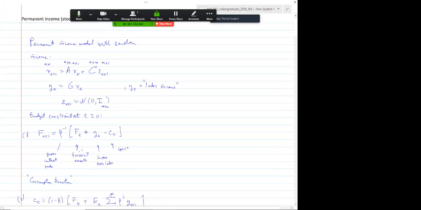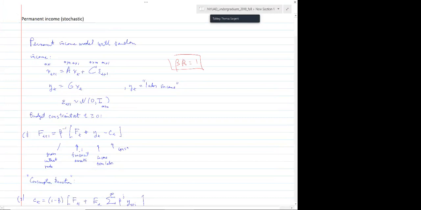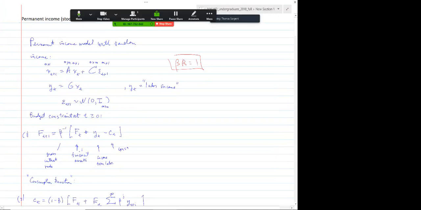Throughout, we're going to set beta R equal to 1. We're going to maintain that. And we're going to use a couple of tricks or methods using things that we've seen before, and we're going to get some payoff from what we've done before. So what are we going to assume for the YT process? This is going to turn out to be very general and fit many, many things.